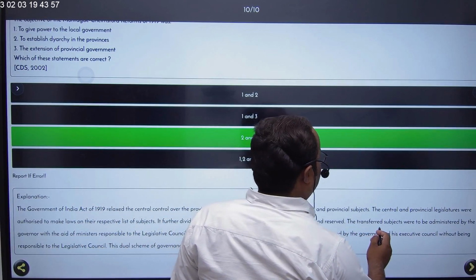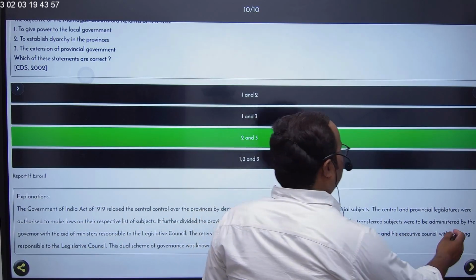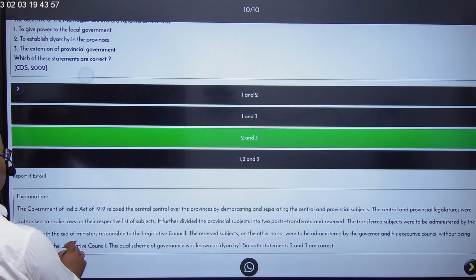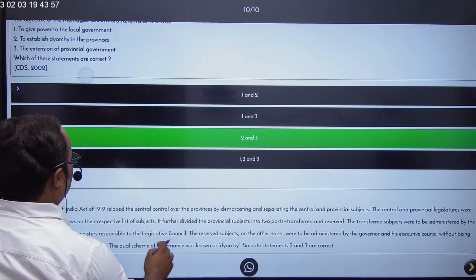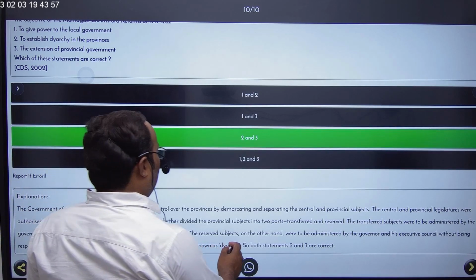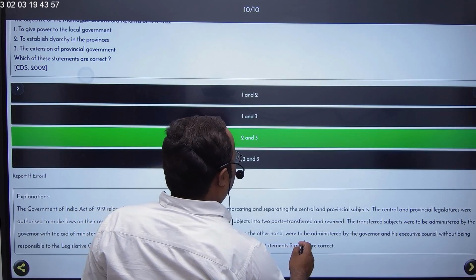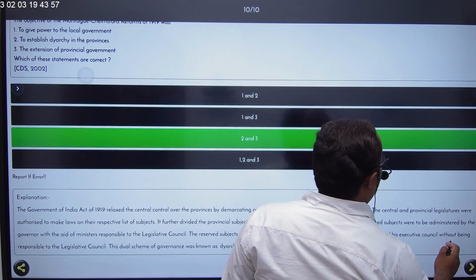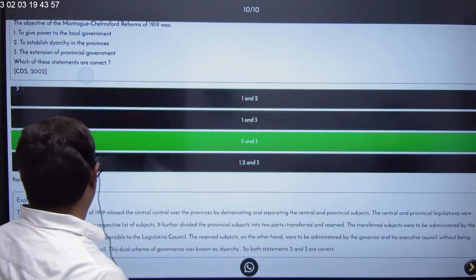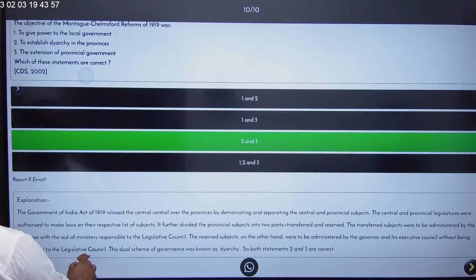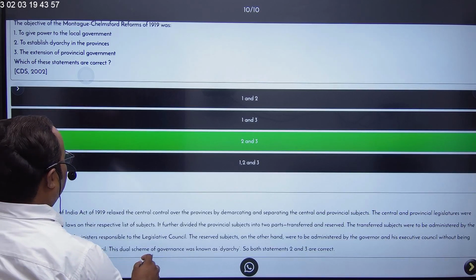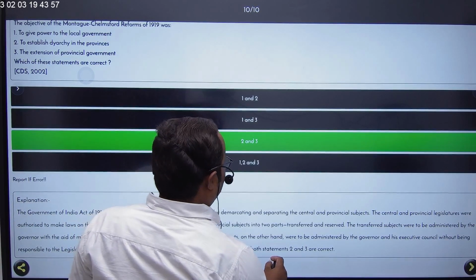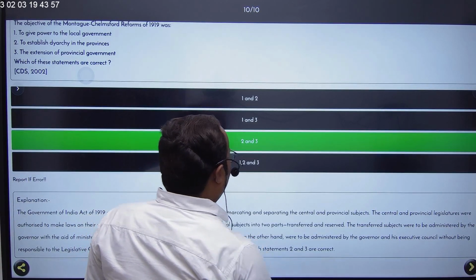The transferred subjects were to be administered by the governor with the aid of ministers responsible to the legislative council. The reserved subjects, on the other hand, were to be administered by the governor and the executive council without being responsible to the legislative council. This dual scheme of governance was known as dyarchy. So both statements 2 and 3 are correct.